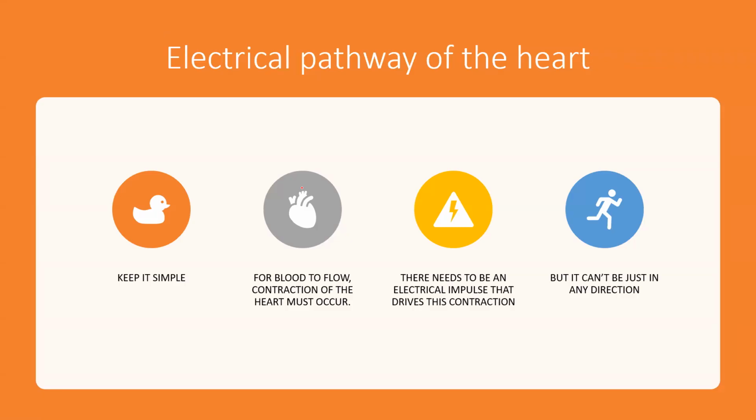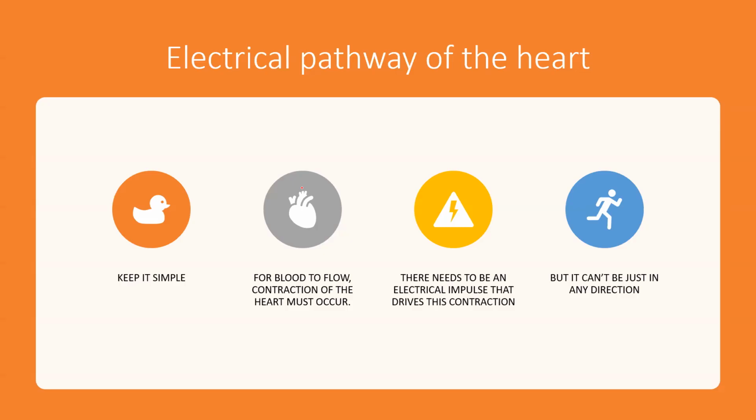And we call this the conduction pathway, but it can't be in any direction. The way blood flows, if you look at the actual heart diagram, the right atrium is at the top and the right ventricle is at the bottom, and the same thing with the left atrium and the left ventricle. It needs to contract in a way that it's pushing blood in one direction, and that's kind of how the electrical pathway is set.